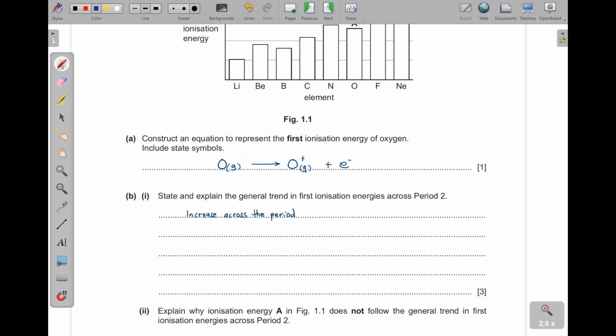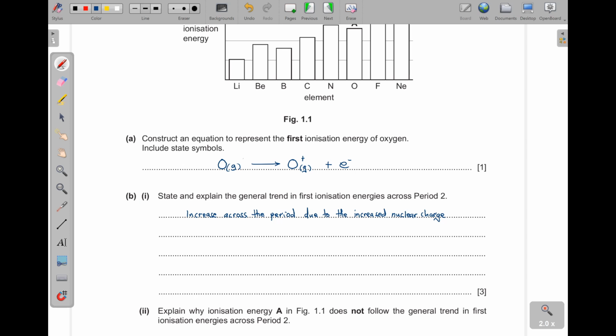Why is it like that? This one is due to the increased nuclear charge. In our explanation, we have to include those factors which affect the ionization energy. Okay, we have the nuclear charge, we have the nuclear attraction.